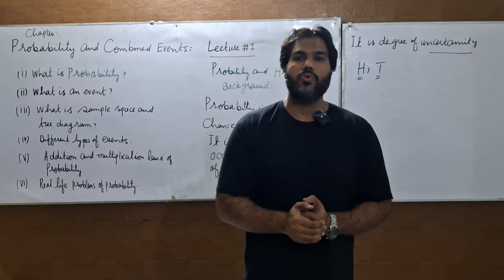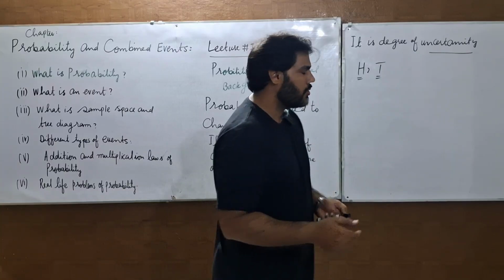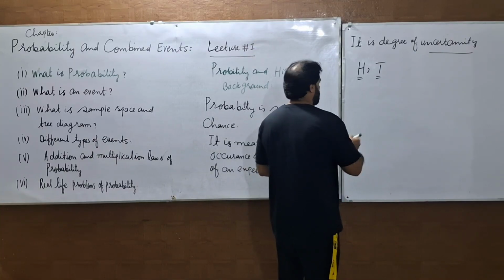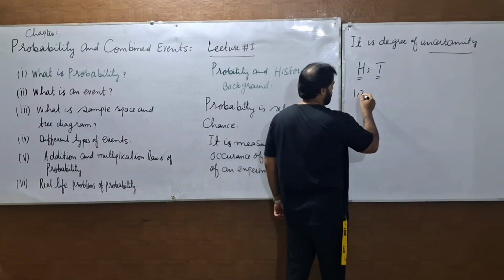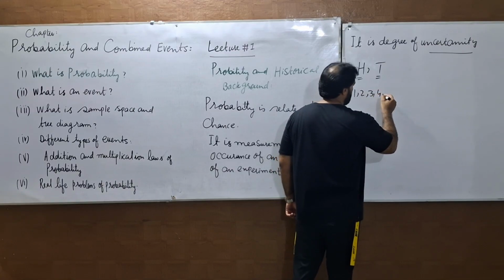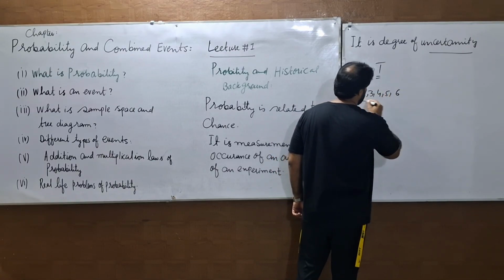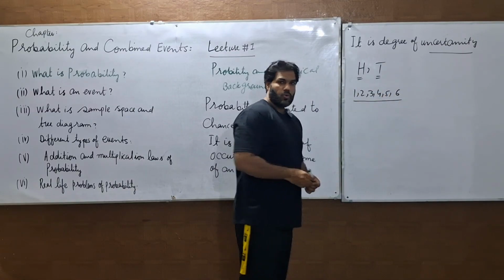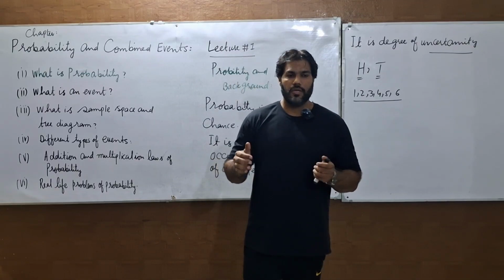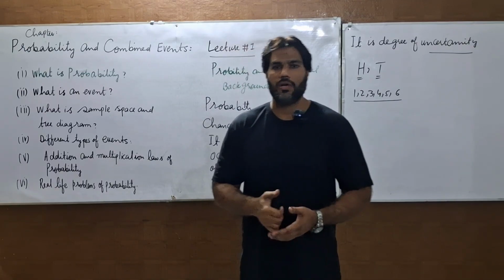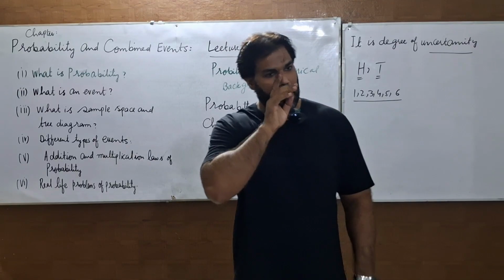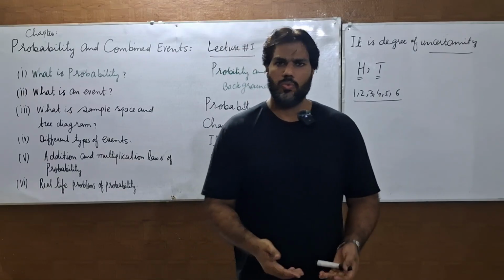Similarly, when you roll a die, you have 6 possible outcomes: it is either 1, 2, 3, 4, 5, or 6. So when you roll a die, you again cannot say surely which outcome will occur. It may be 1 or 2 or 6, etc.